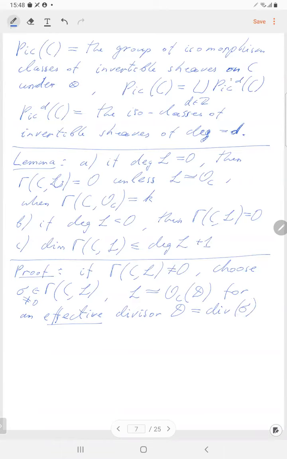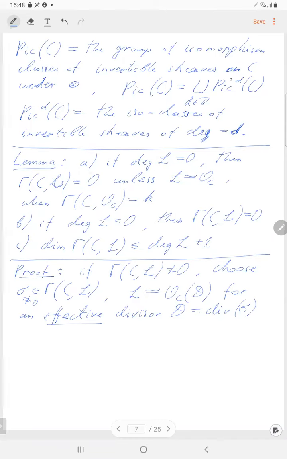Why is it effective, you ask? It is so because this is the divisor of a global section. It's a regular global section, so it has no poles. It can have zeros, not necessarily.